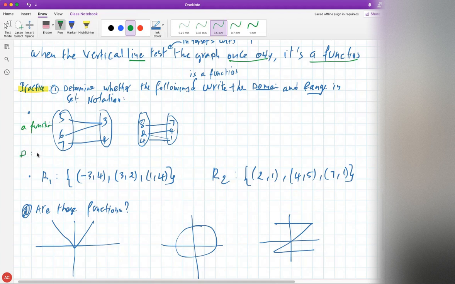The domain is the first group: 5, 6, 7. And the range is the second group: 3 and 4. That's right. What about this one? Function or not? Not a function, because the 2 here has 2 lines and 2 elements.